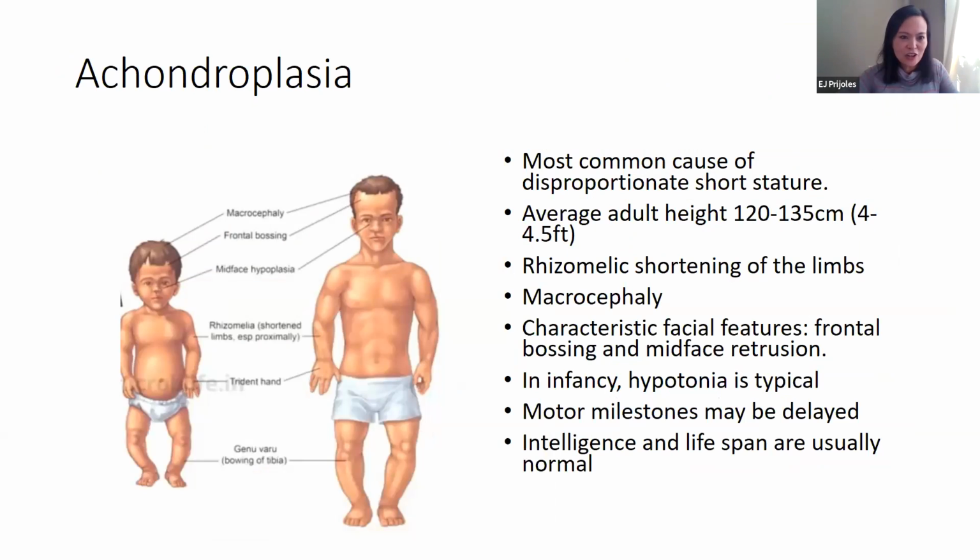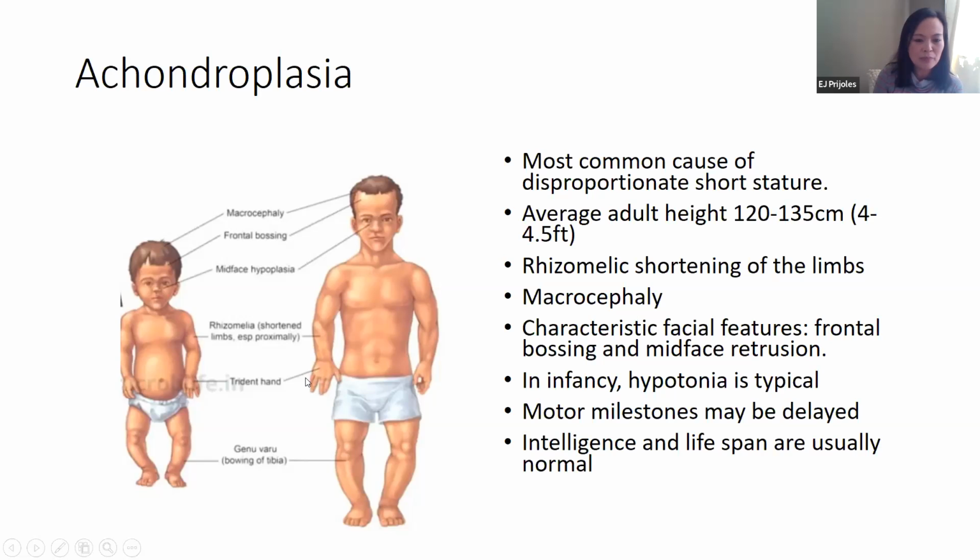So next, on to another condition, but much more significant in terms of short stature, so achondroplasia. It's the most common cause of disproportionate short stature, so variability in limb length or shortening of limb length. And so individuals can have rhizomelia, so shortening of the proximal area of the limbs.